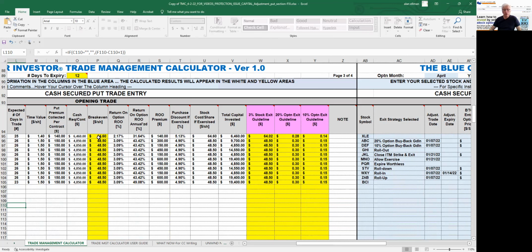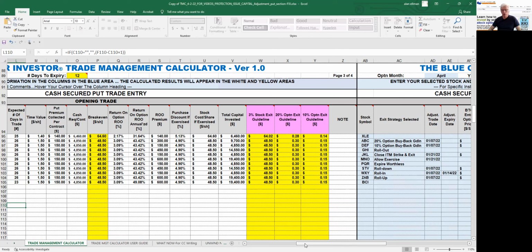And once again, the cost basis is 64.60, which is the same as the break-even price point. The capital invested is $6,460 for the 100 shares, and then we will have our 3%, 20%, 10% guideline price points.